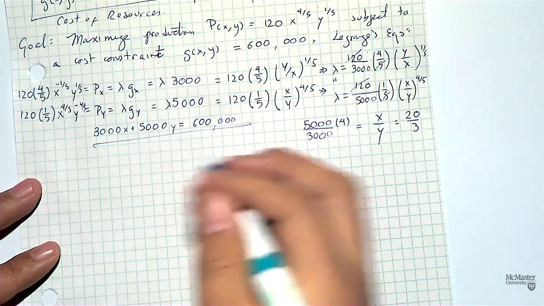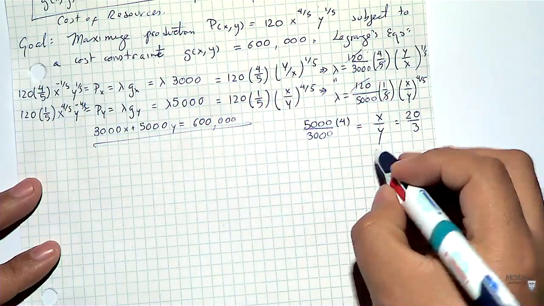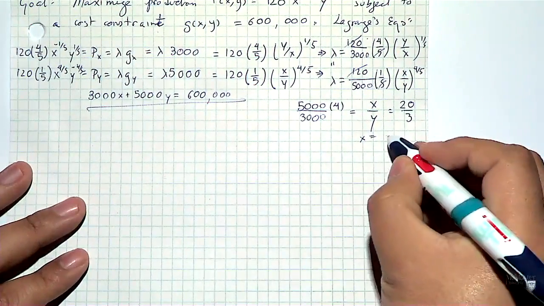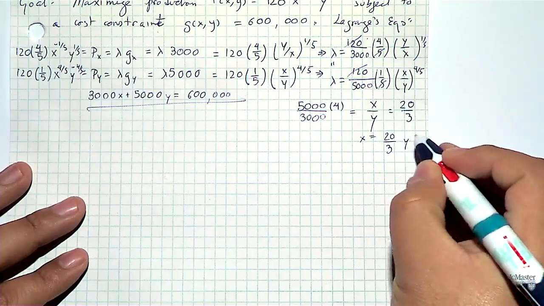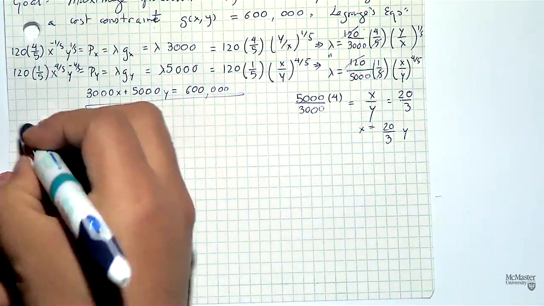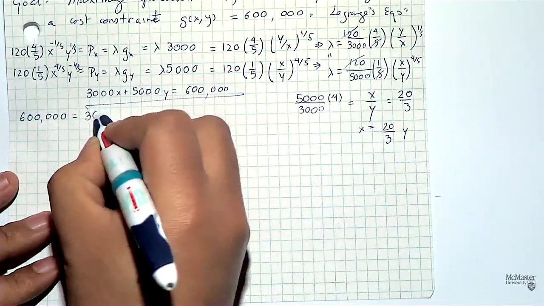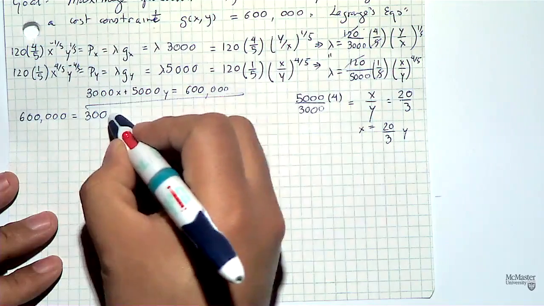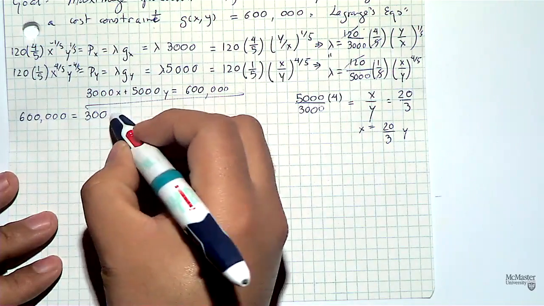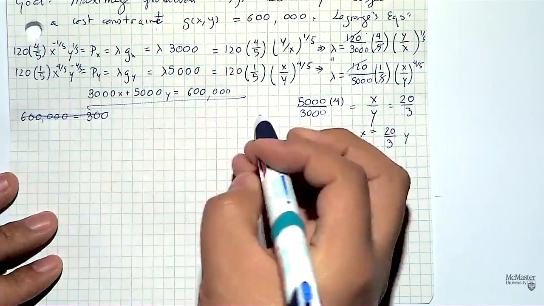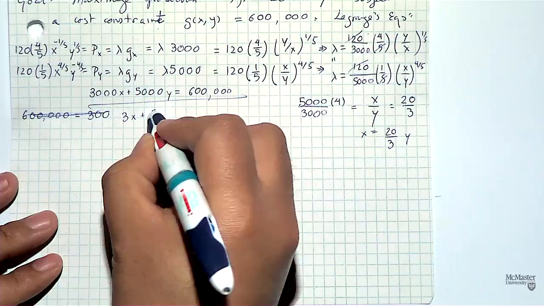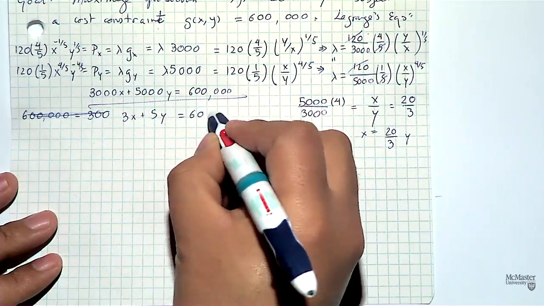From this, what you know is that x is equal to 20 over 3 times y. I can plug this back in, so 600,000 equal to 3,000... And look, I could even do a factorization beforehand, which is basically 3x plus 5y equal to 600, right?